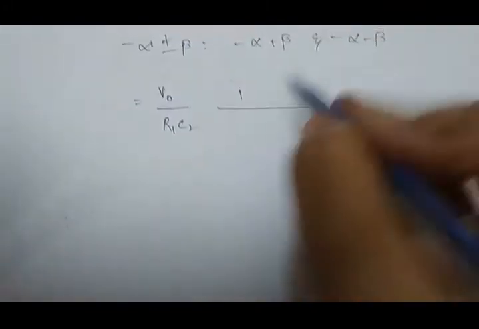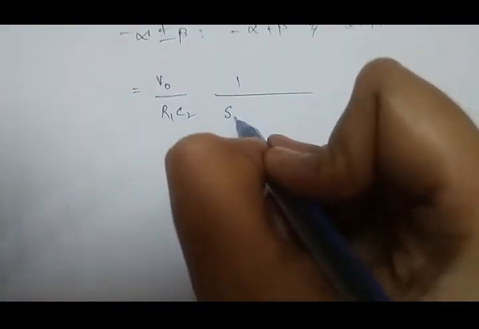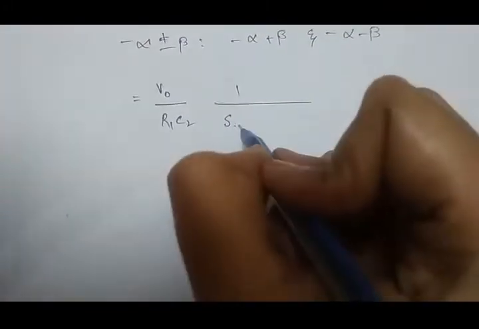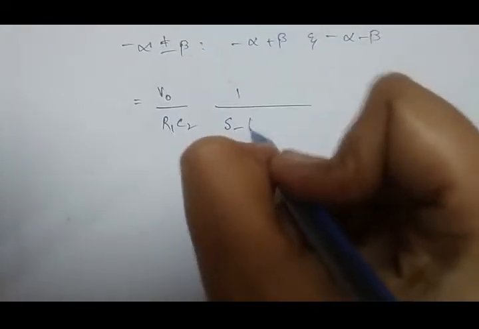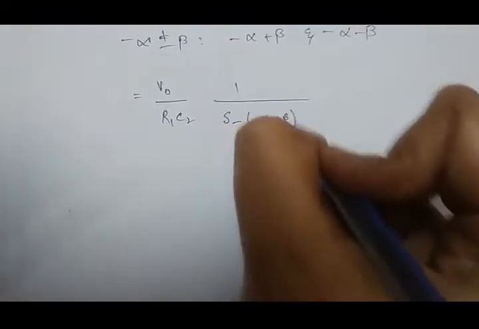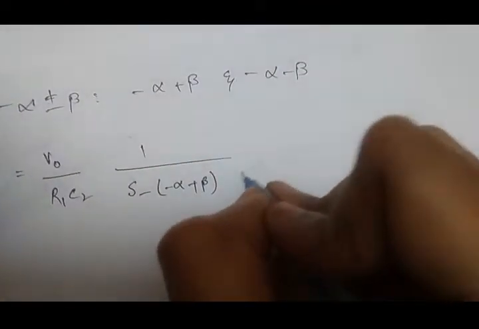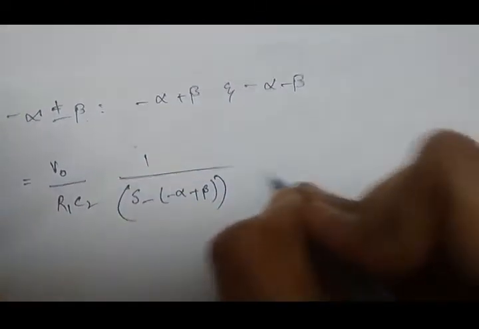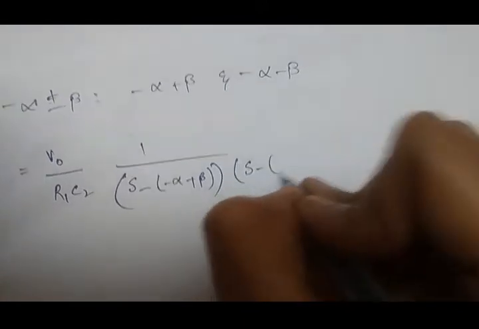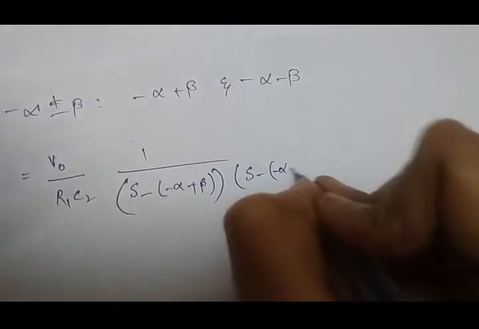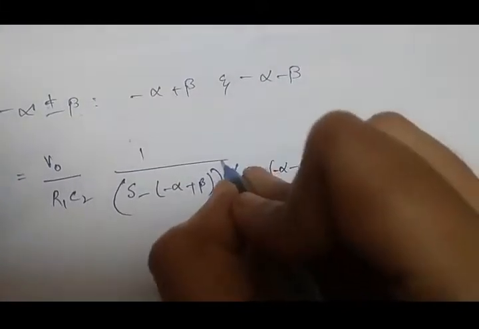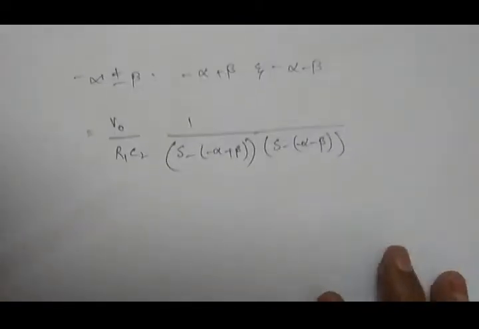R1 and C2. So your roots will be s minus alpha plus beta, and s minus alpha minus beta. So these will be your roots.